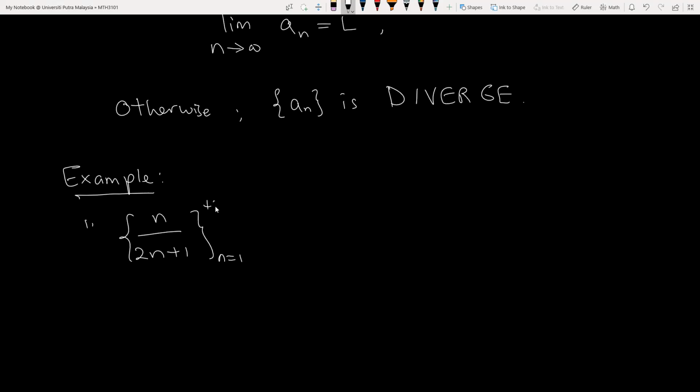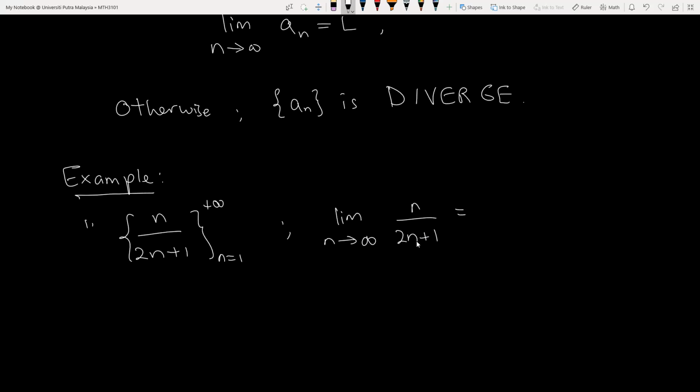Here n is a positive integer. You can use the same method to find the limits. If you want to find the limit of a_n, you can say the limit as n goes to infinity of n over 2n plus 1.